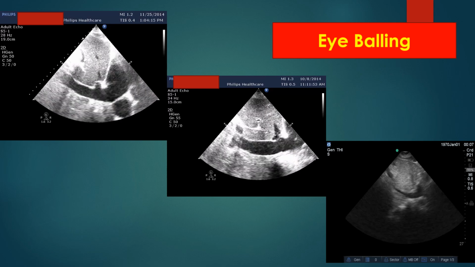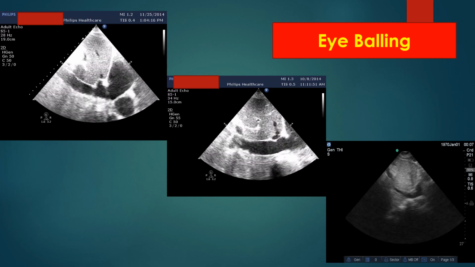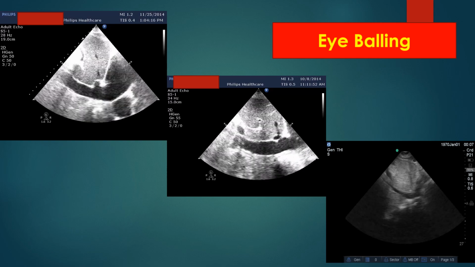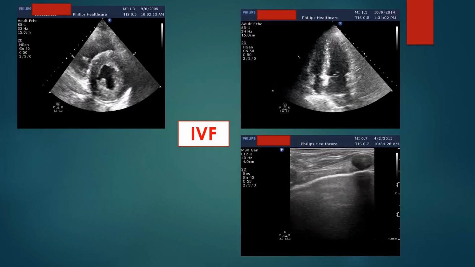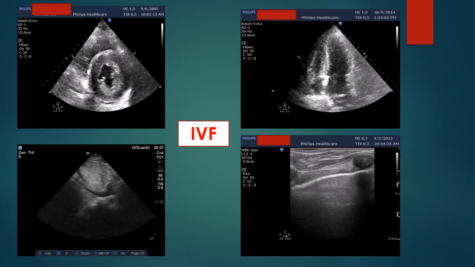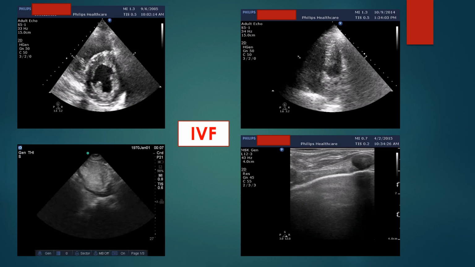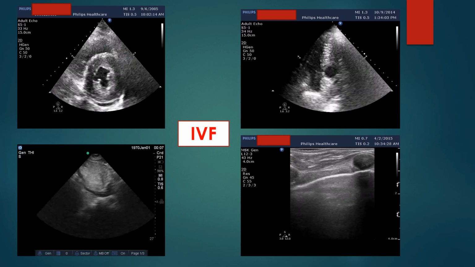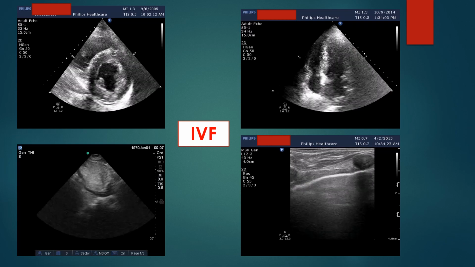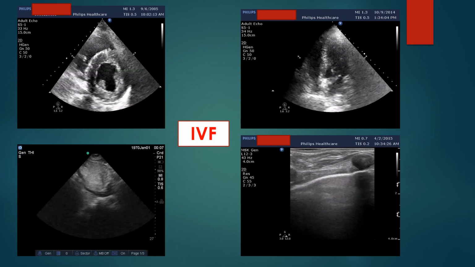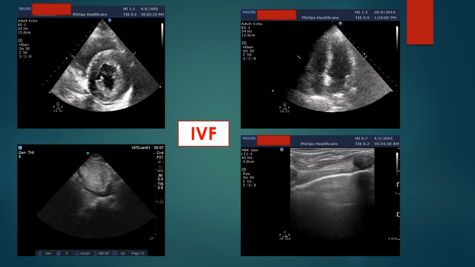On the other hand, the IVC might be indeterminate, where the size is not that big, but there is no great collapsibility. And here there are other signs that can encourage you to give IV fluid. If you see the ventricles are collapsing, as you see here on the left side on the top, the left and right ventricles are collapsing and kissing, the walls are kissing.